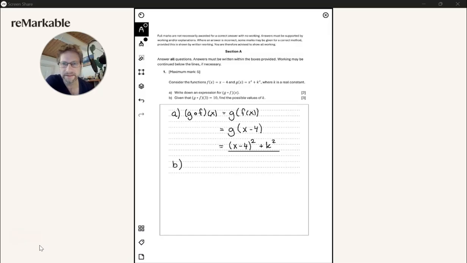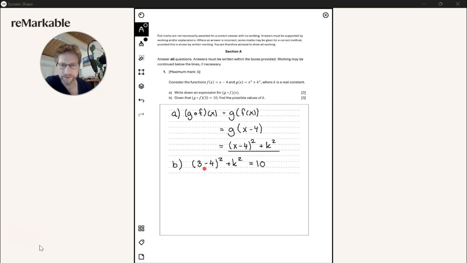Question B says that now we are given that g after f taken to 3 equals 10. And that means that now we replace x by 3 in this function that we have right above. So that just means 3 minus 4 squared plus k squared, and we're being told that this equals 10, and they want us to find the possible values of k.